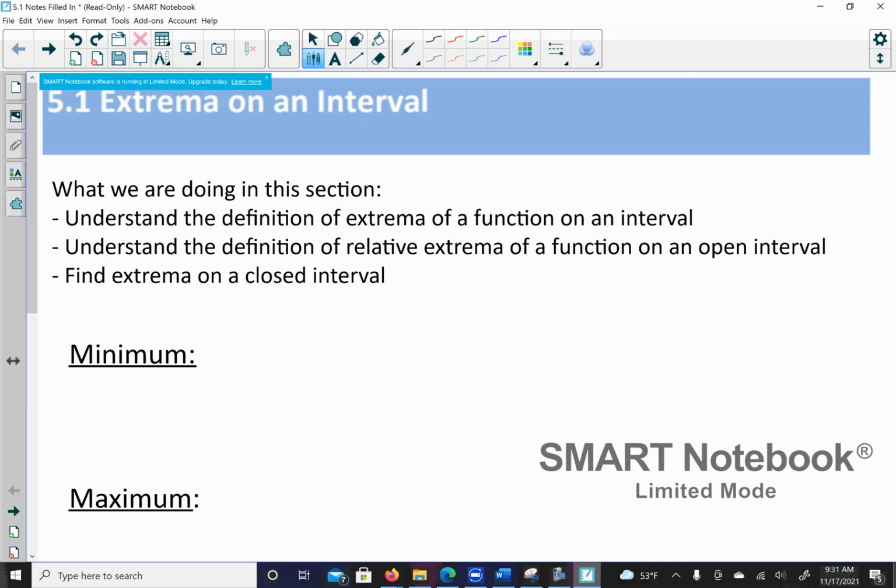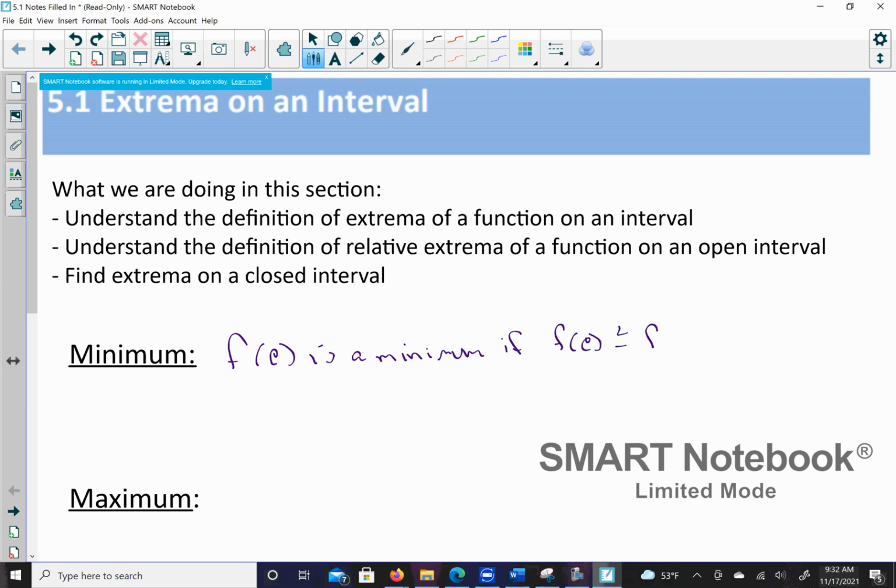So first of all, the minimum of a function is the lowest y value. I think that just makes sense, but I'm going to say f of c is the minimum if f of c is less than or equal to f of x for all x's in the interval, and then we'll have the interval a to b, so whatever interval that is.